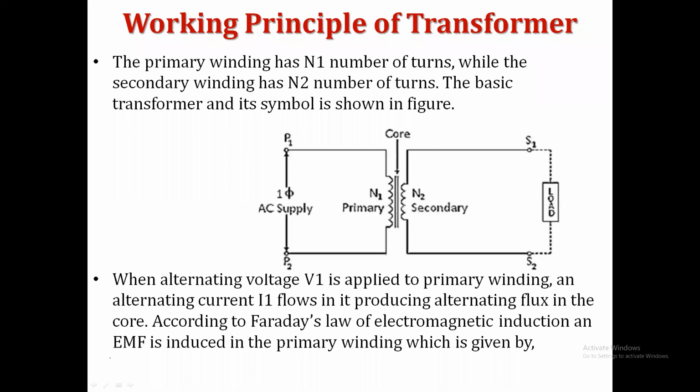When an alternating voltage, AC voltage V1, is applied to the primary winding, an alternating current I1 flows in it, producing alternating flux in the core.